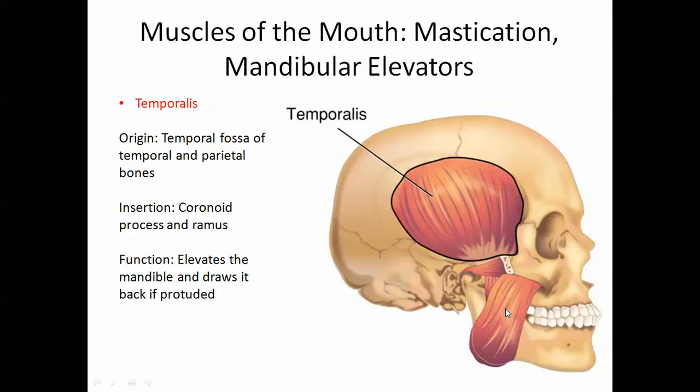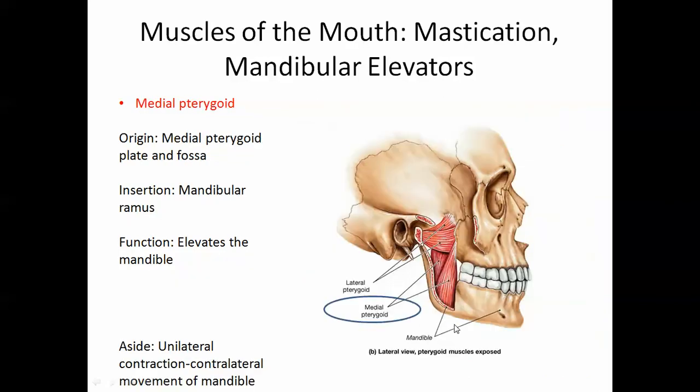So if you pretend you had a class 3 malocclusion and you had an underbite, and then pull it back, your temporalis is helping with that. So put your hand up right above your ear in your temporal region, and you should feel that. And then protrude your jaw and pull it back. You should feel your temporalis contracting.